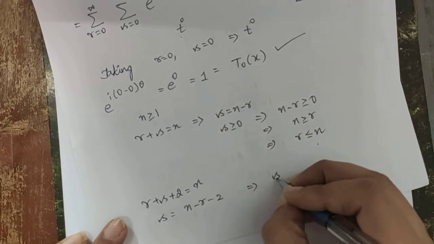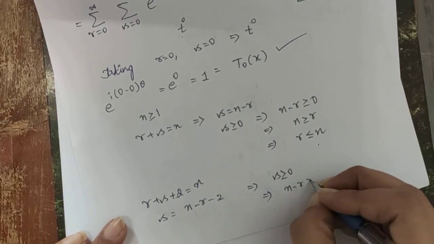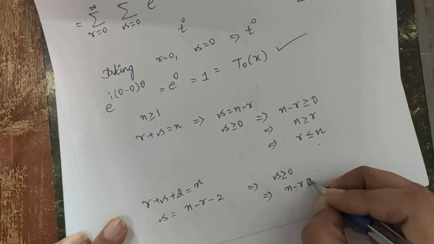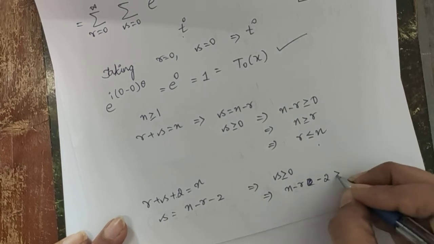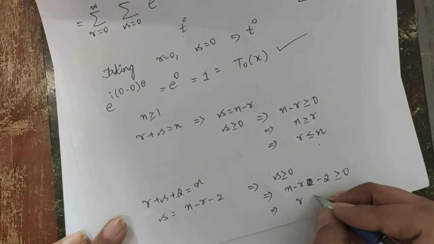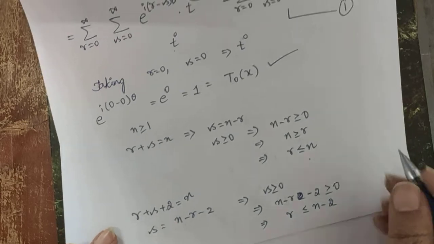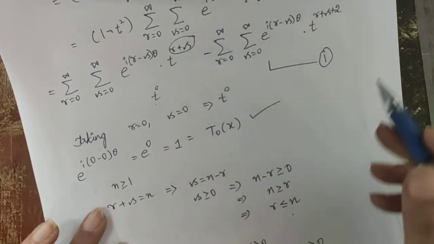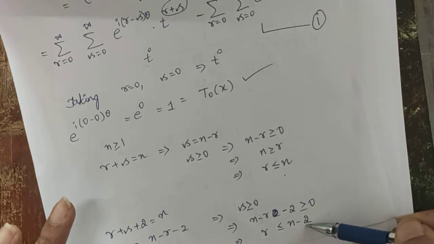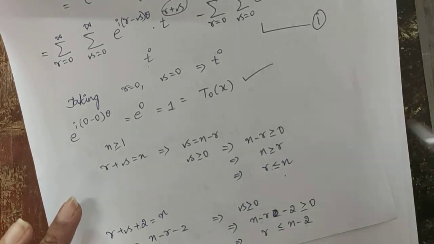So if s is greater than or equal to 0, this implies n minus r minus 2 is greater than or equal to 0. This implies r is less than or equal to n minus 2. So for the second part, r is varying from 0 to n minus 2. For the first part, r is varying from 0 to n.